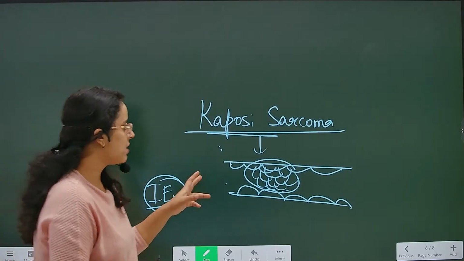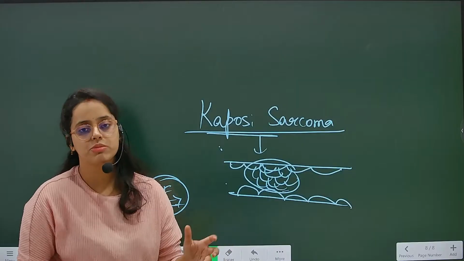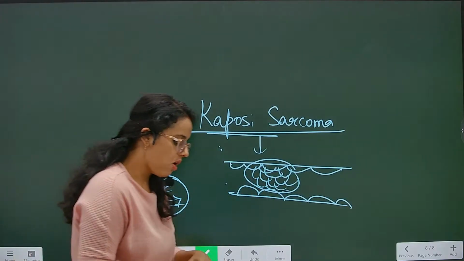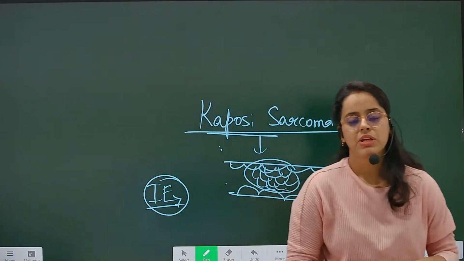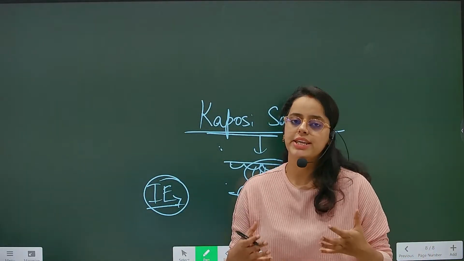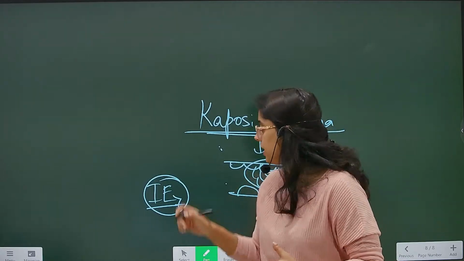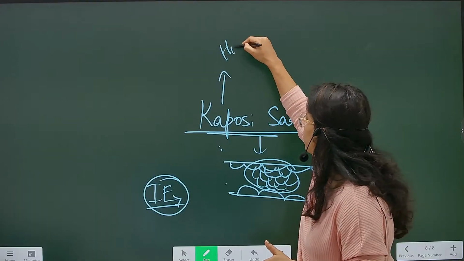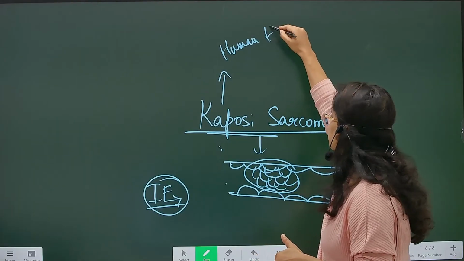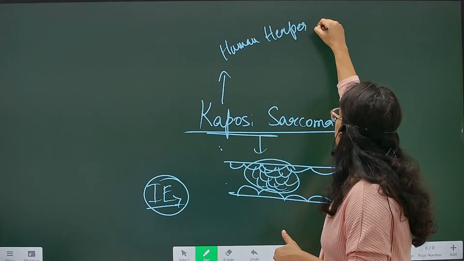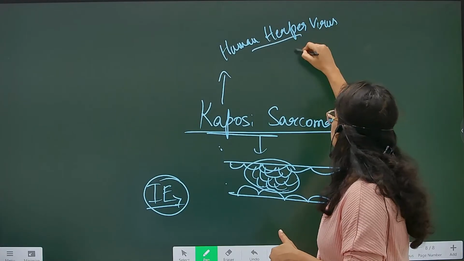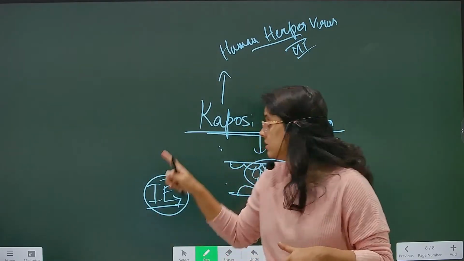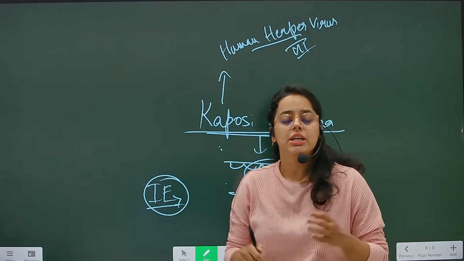So what is Kaposi sarcoma? It is a tumor of the endothelium of the blood vessels, which blocks the flow of the blood. AIDS patients already have lower immunity. This Kaposi sarcoma is caused by human herpes virus 7. In AIDS, what happens?